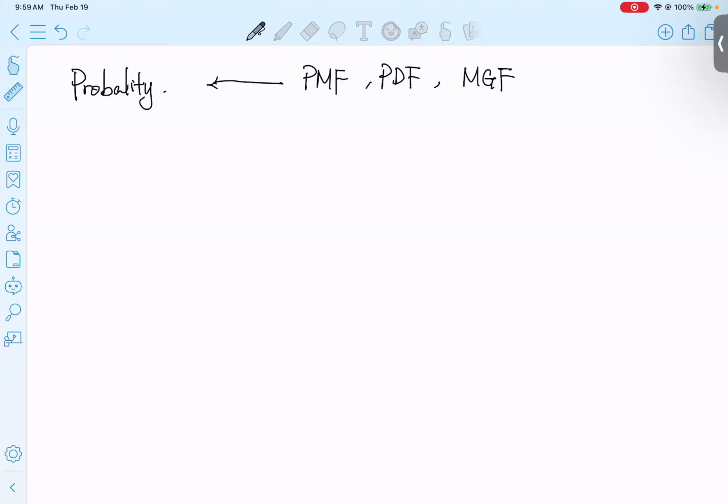So that would be the idea for probability, but it all lays on the foundation of those mathematical functions: the probability mass function, the density function, and the moment generating function.